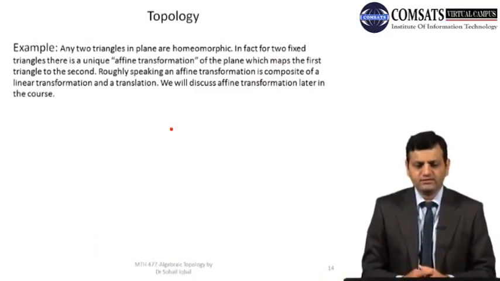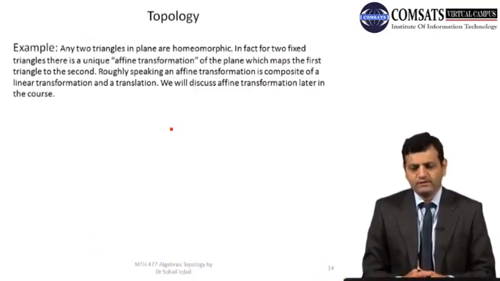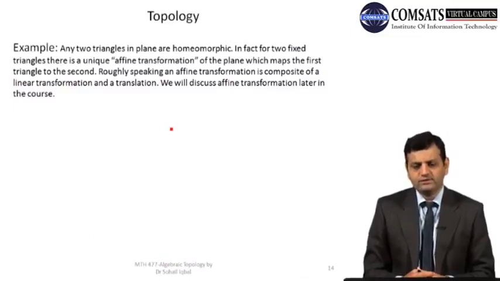Any two triangles in the plane are homeomorphic. In fact, for two fixed triangles there is a unique affine transformation of the plane which maps the first triangle to the second. What is an affine transformation? We'll be discussing them in detail in further lectures, but for the time being we can say it's a transformation which is a composite of a linear transformation and a translation.